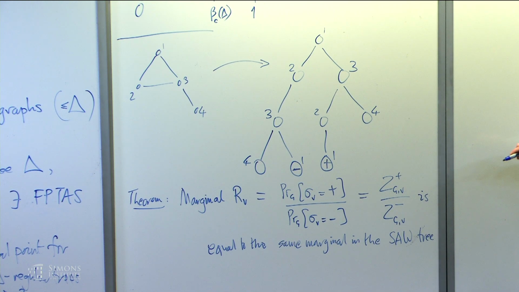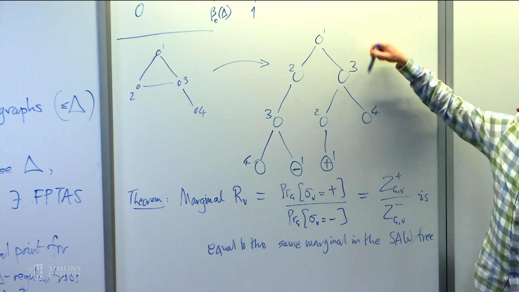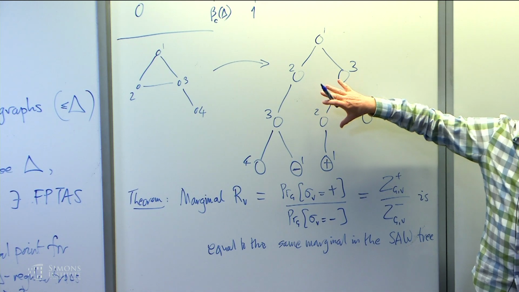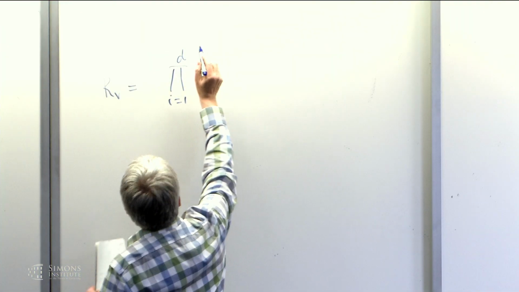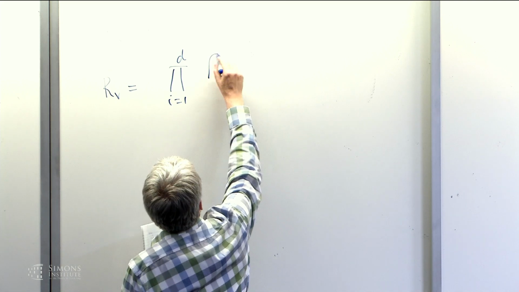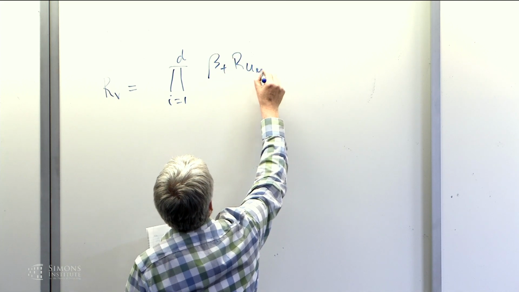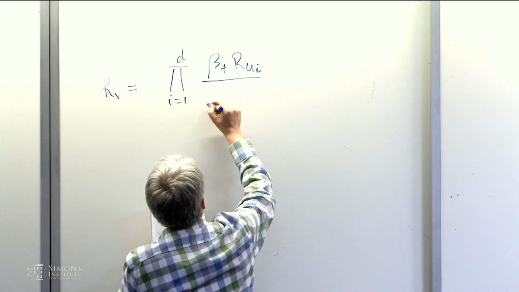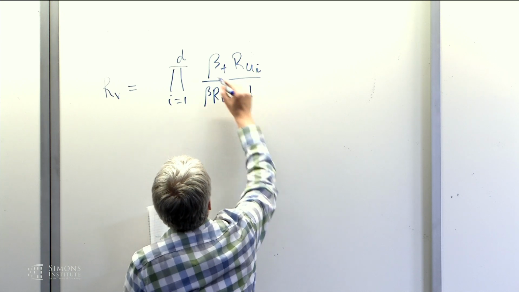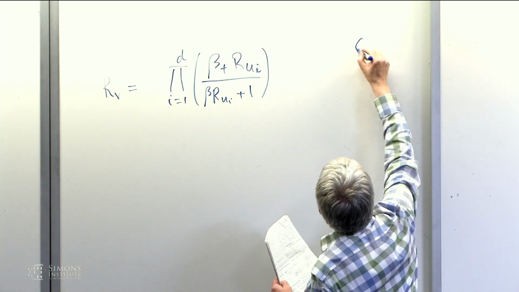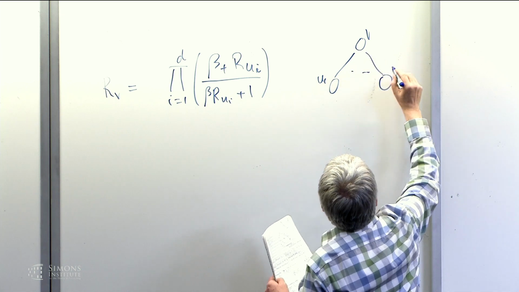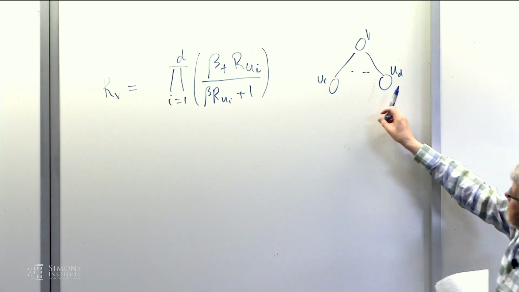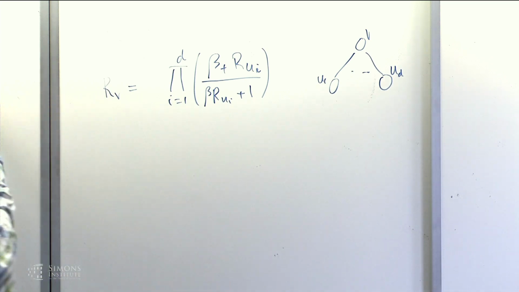So now, how do we compute? Since this is a tree, it's pretty easy to compute recursively the marginal at the root. So if we have the root vertex V and a bunch of children in the tree, D, by the way, I'm just using D as delta minus 1.